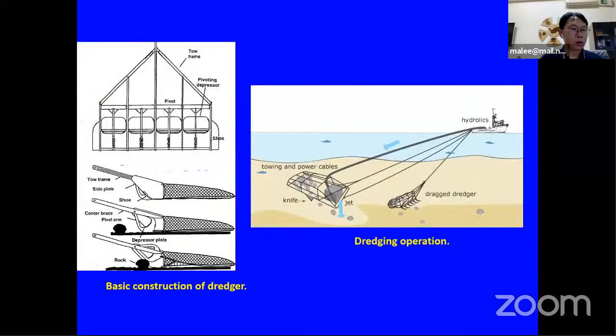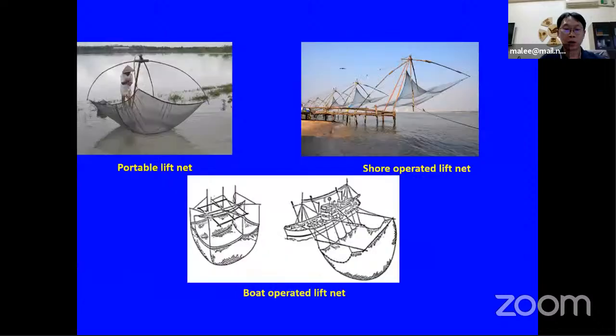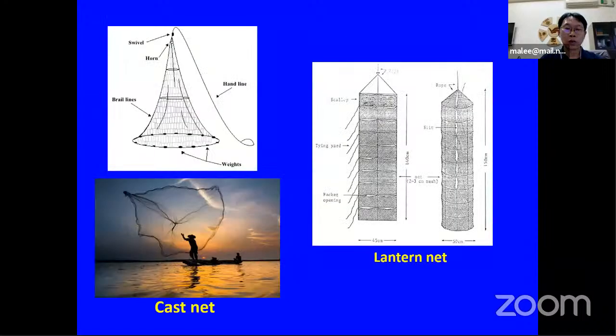And we also have some different kinds of drag operation or the basic construction for drag. And some traditional dip nets, like these three figures. And we also have some cast nets, or maybe use light to try to catch the fish.